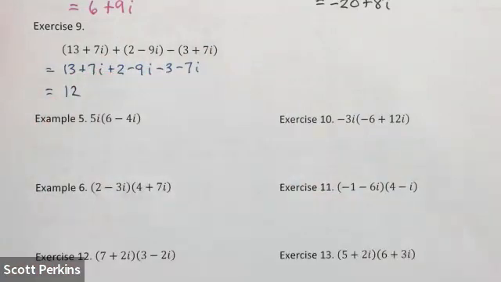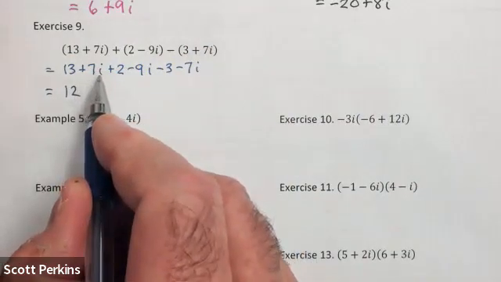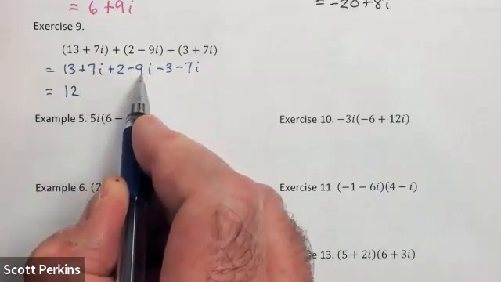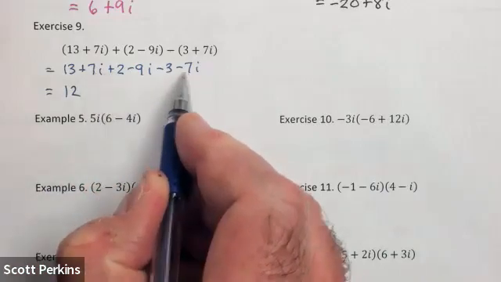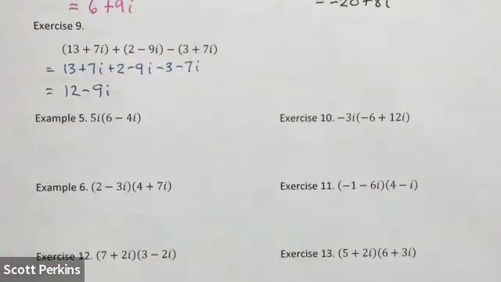That's the real part of my answer. And then my imaginary parts, 7i and negative 9i, that's negative 2i. And then negative 7i, that is going to be negative 9i as my result. So that's adding and subtracting complex numbers. It's just a matter of combining like terms, nothing different.